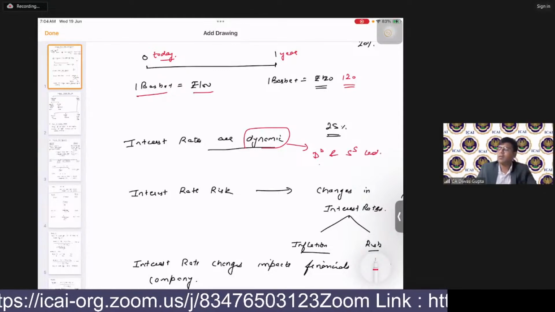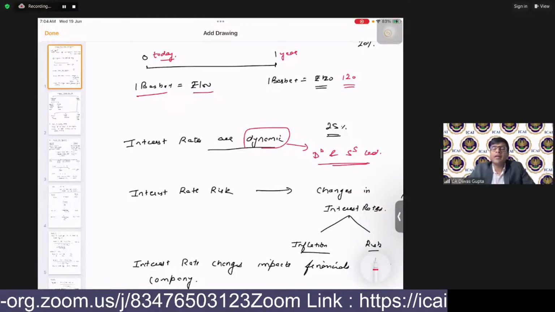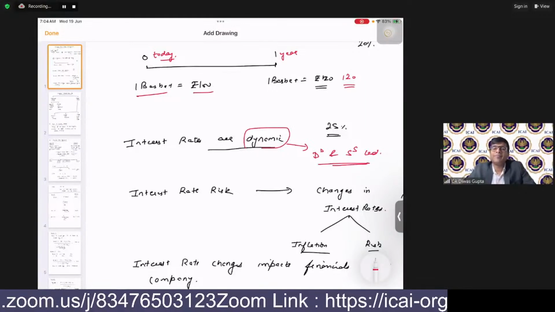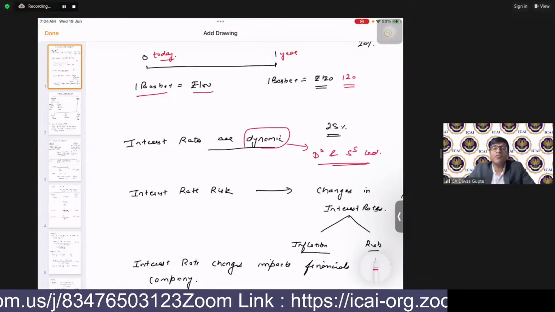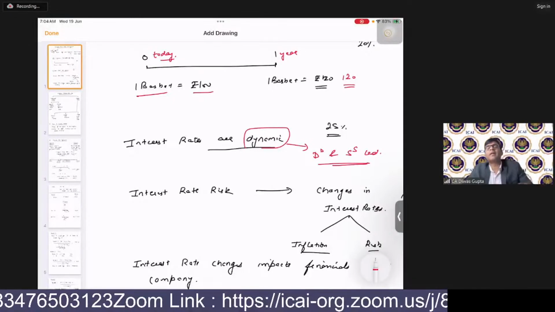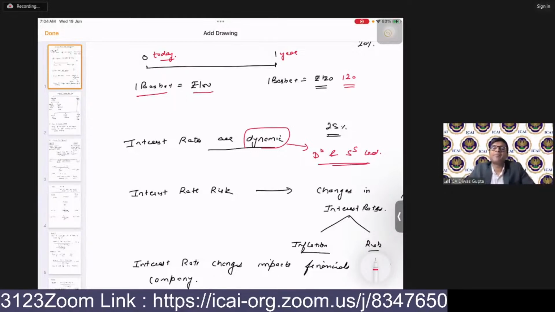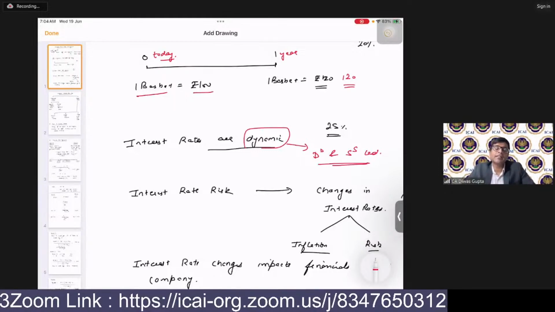Why are interest rates dynamic, students? For example, in an economy, the demand for credit is increasing. By credit, I mean loans. So people are demanding more loans. In such a case, the interest rates will increase.